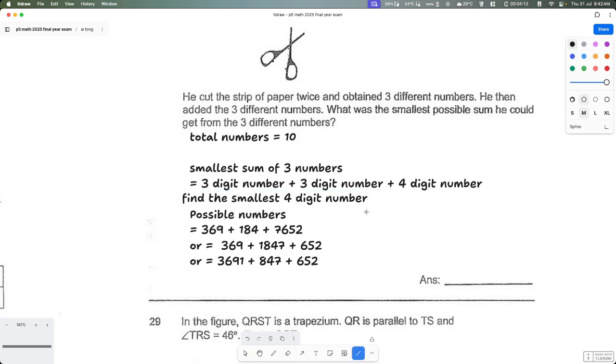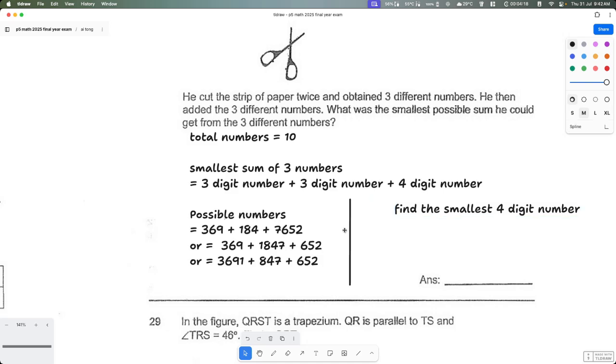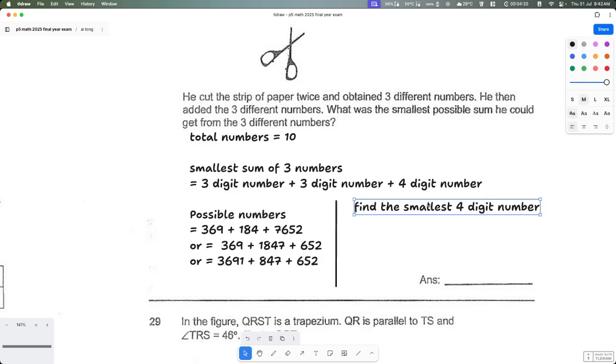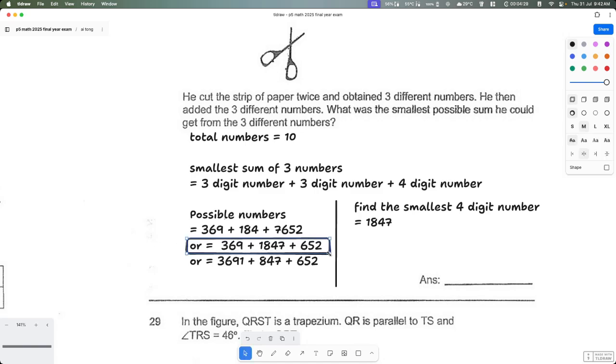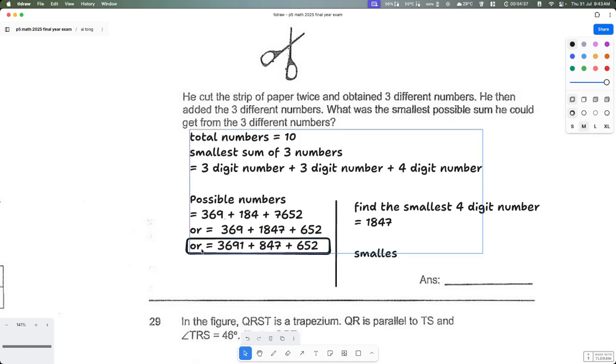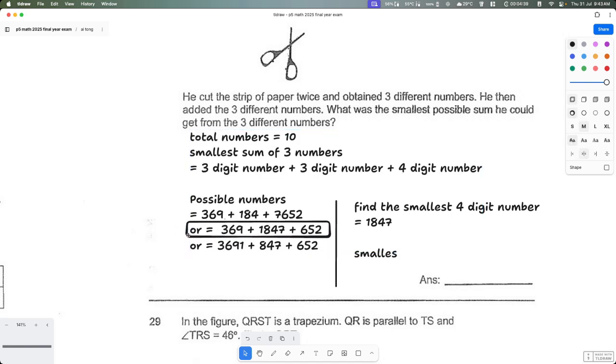So what we found is that the smallest 4-digit number in these three combinations is equal to 1847. So that means this is the answer. So that means smallest. Okay, let me put this on top over here.